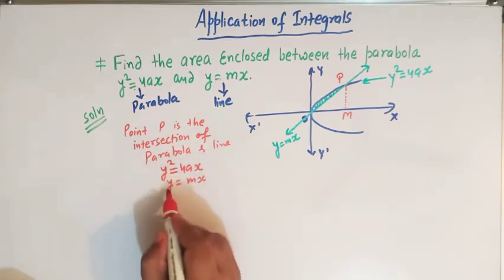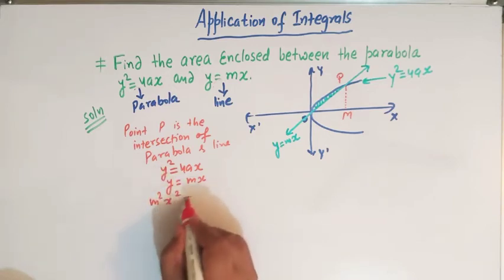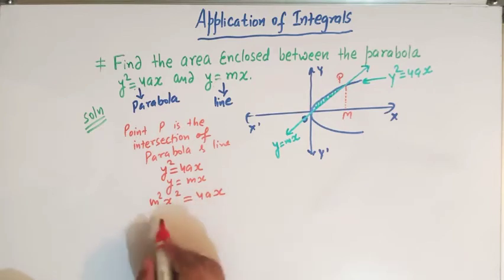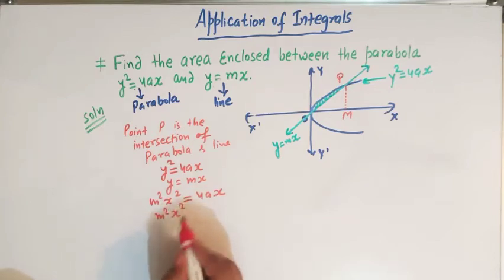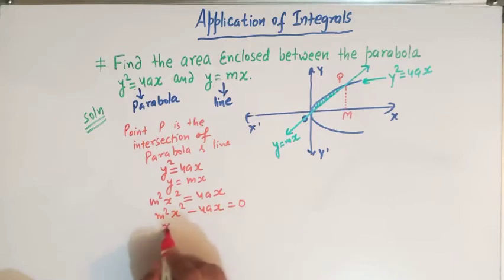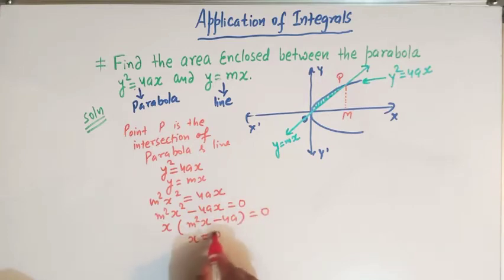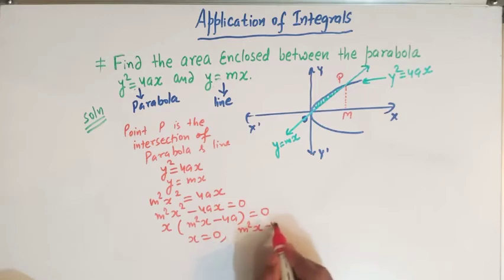If we substitute the value of y here, we get m square x square equal to 4ax, and we have m square x square minus 4ax equal to 0. Taking x common, we have x times m square x minus 4a equal to 0. So x is 0, and m square x minus 4a is equal to 0, so x is 4a divided by m square, right?